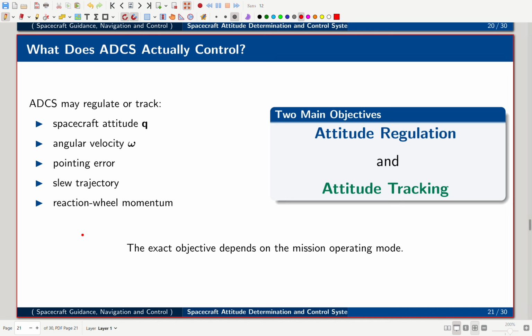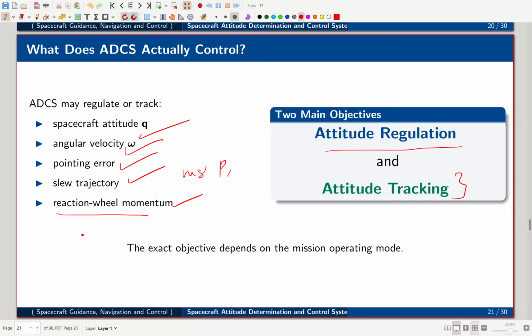So what does ADCS actually control? ADCS may regulate or track spacecraft attitude q, right? For attitude, we also need to know the velocity omega, the pointing error, the slew trajectory, which is the history of position, velocity and acceleration, and the direction and wheel momentum. We'll discuss those later. There are two main objectives: attitude regulation and attitude tracking.